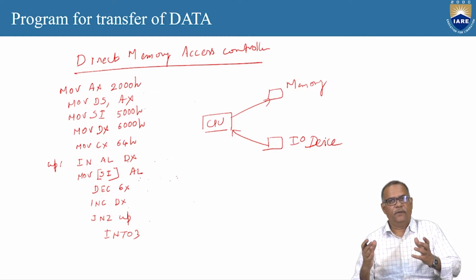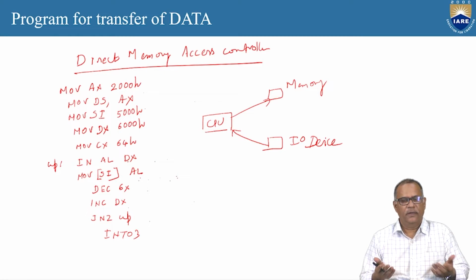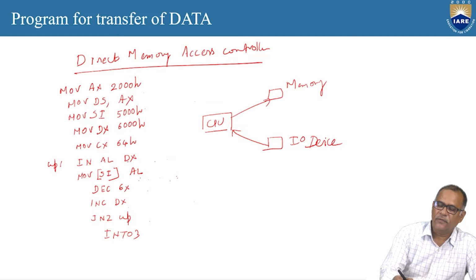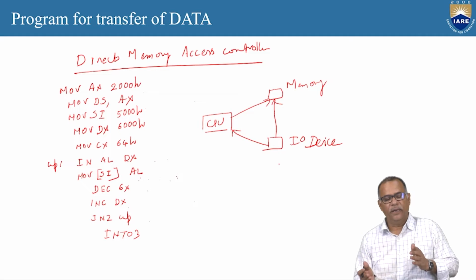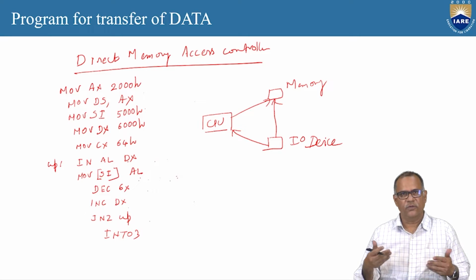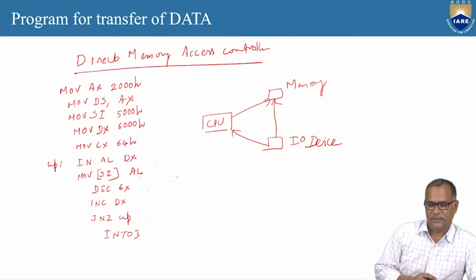If a large volume of data is involved, it takes a lot of time and causes delay by involving the CPU, because the path involved is longer. In that case, DMA is used, wherein the I/O device is in direct contact with memory, and the memory and I/O device can communicate with each other for the transfer of large volumes of data. That is called direct memory access.